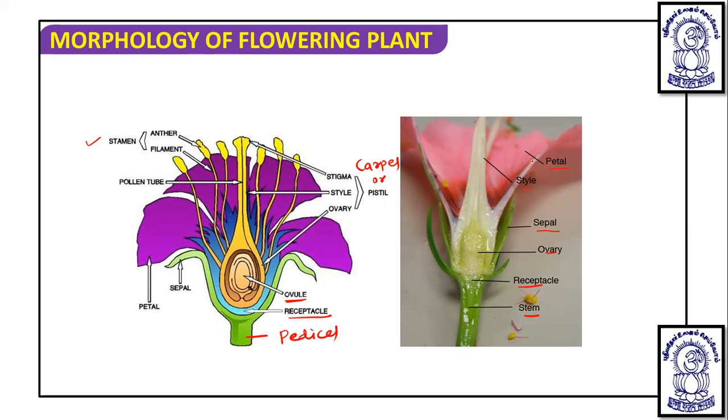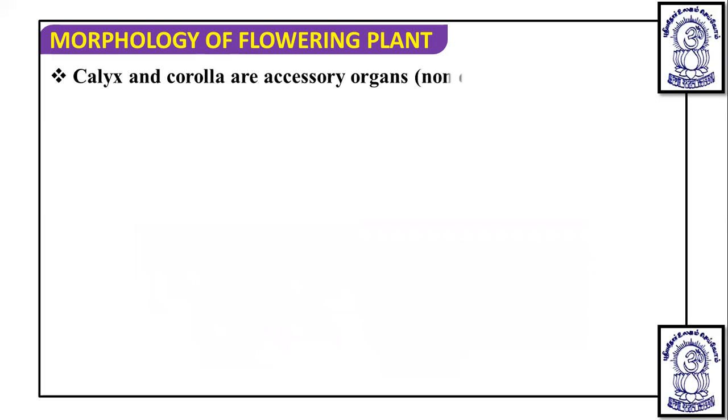In this, the reproductive floral parts, that is the androecium and gynoecium, are considered as essential whorls. Okay. Now, calyx and corolla are accessory whorls. Actually, non-essential whorls are calyx and corolla, and they are also known as accessory whorls. Why are they named accessory whorls? Because after reproduction, when the fruit gets formed, calyx and corolla are weathered off, means they are removed or they fall after the formation of fruit from the flower.